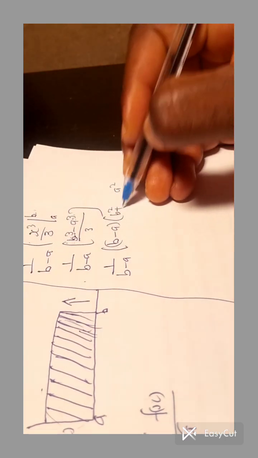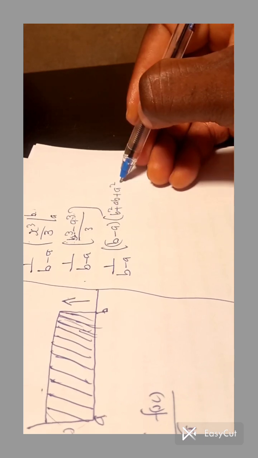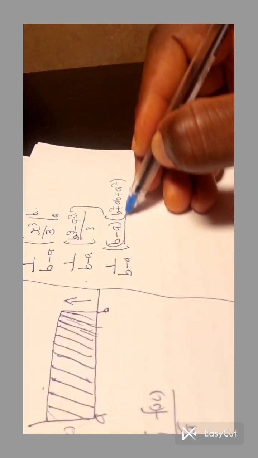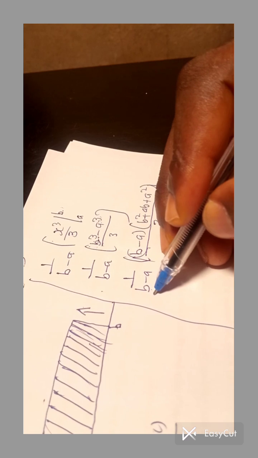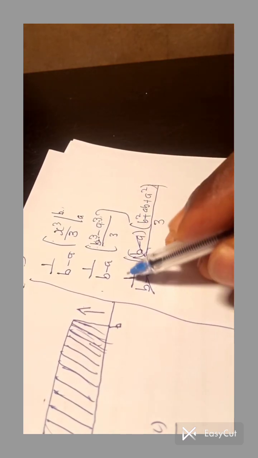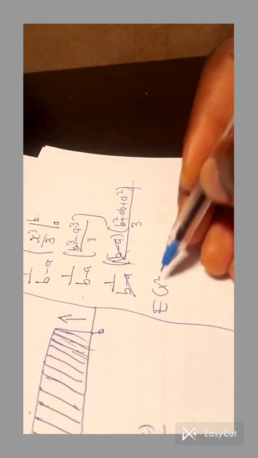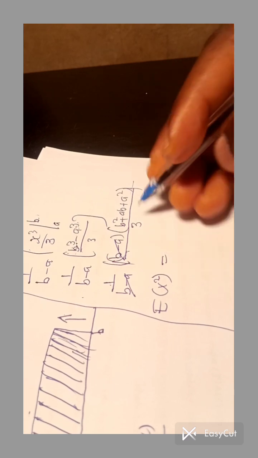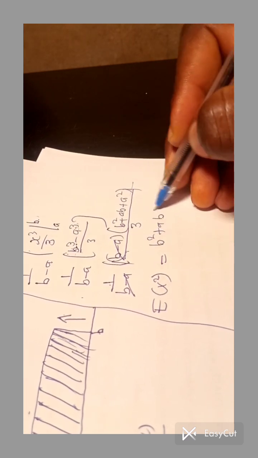And so this will give us plus ab plus this. And so everything over 3. So what are we going to do from here? We can see that this is similar to this, so they get cancelled. And now we have 1 to multiply this top, which leaves us with expected value of x squared as b squared plus ab plus a squared all over 3.